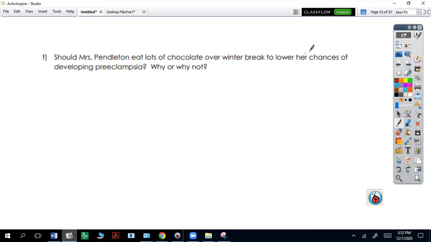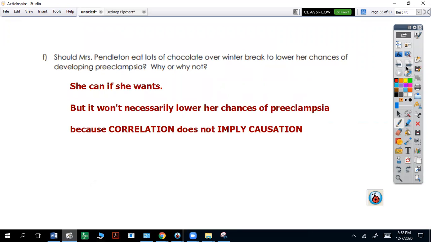This question: should Mrs. Pendleton eat lots of chocolate over winter break to lower her chances of developing preeclampsia? Why or why not? Sure, she can if she wants, but this data doesn't necessarily mean chocolate's going to lower her chances of it, because correlation does not imply causation. That's an important thing. You can have data support whatever you want, but you need an experiment to really determine if something actually causes it.